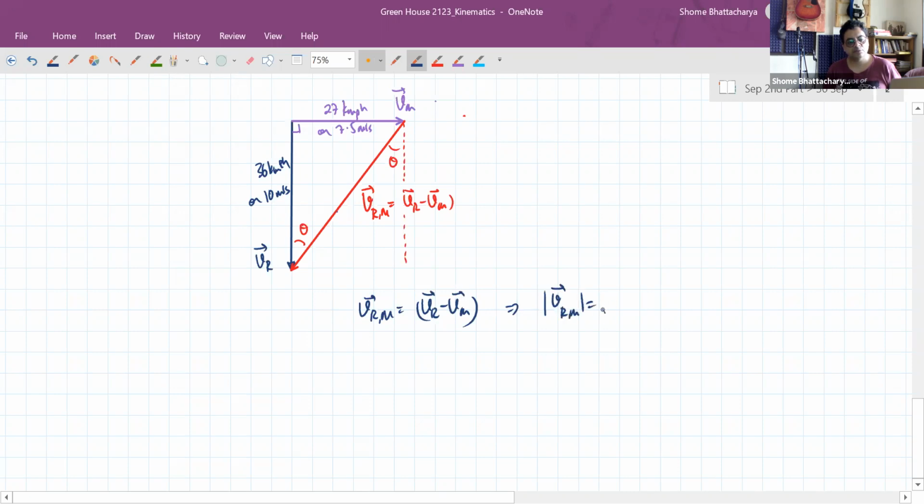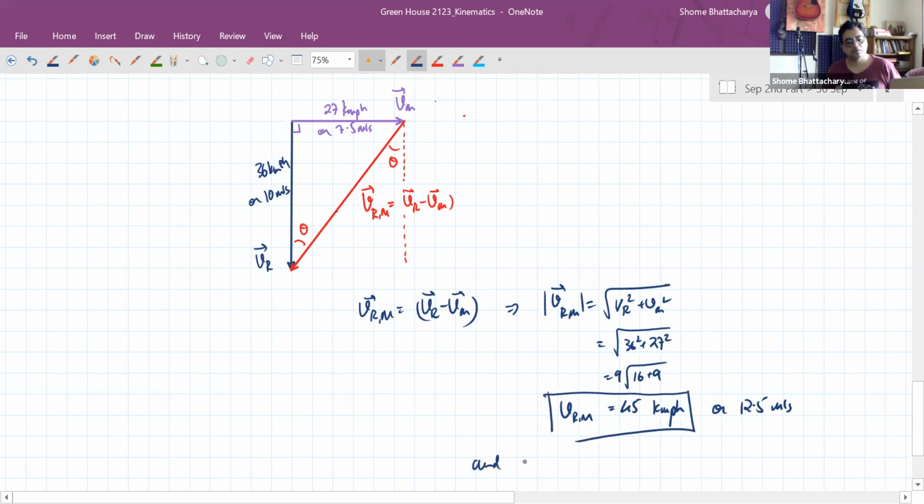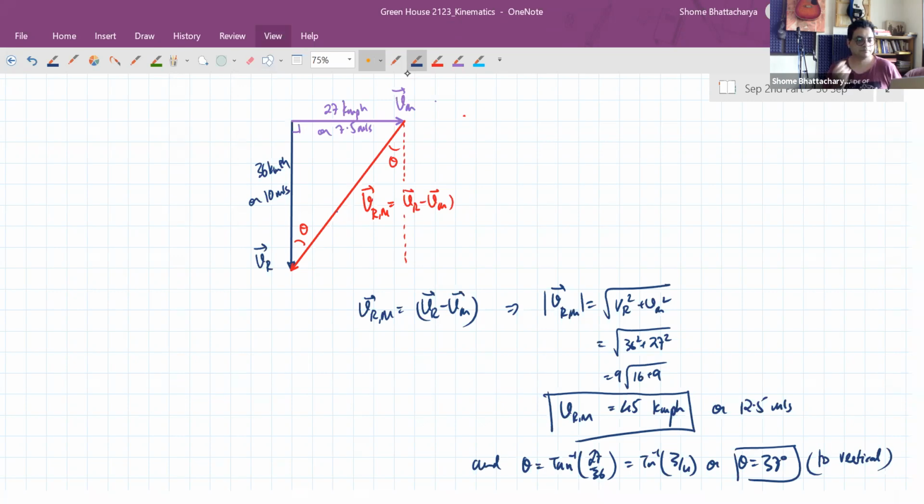So the magnitude of that velocity will become and it is slanted at okay.